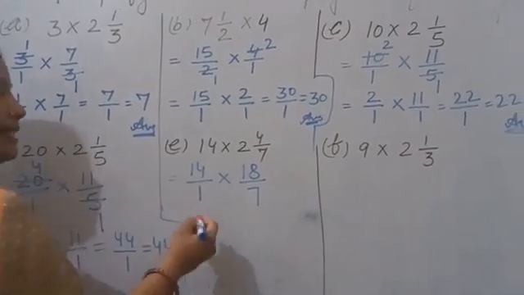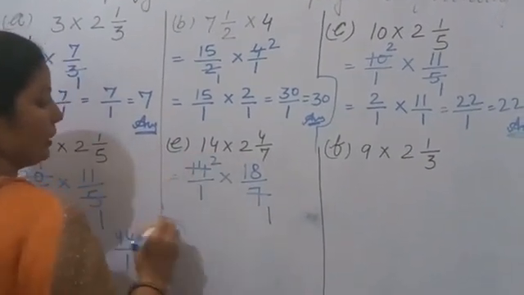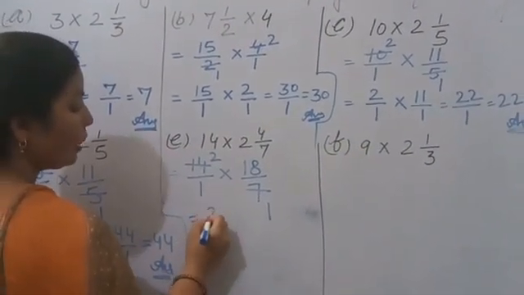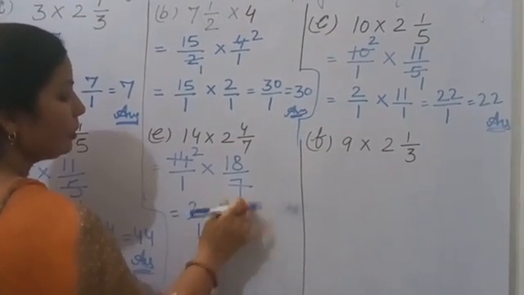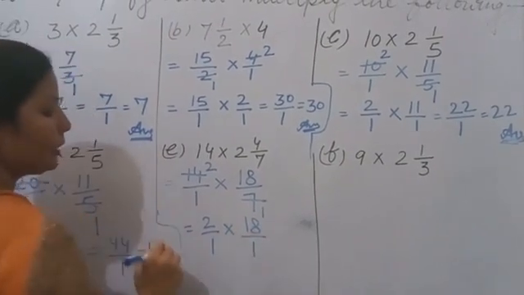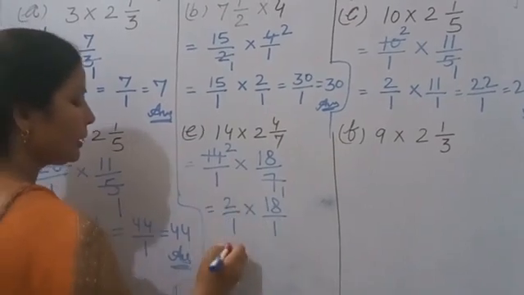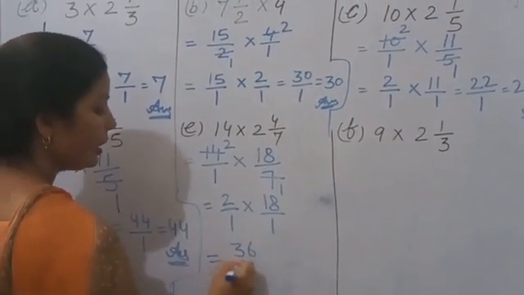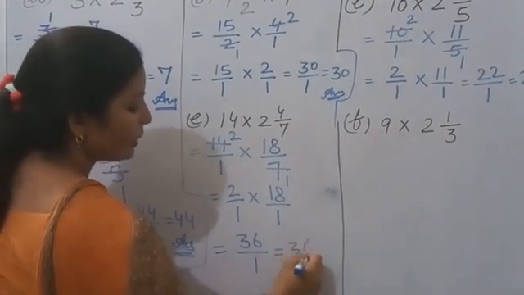So we should cancel by 7. 7 ones are 7, 7 twos are 14. Now here is 2 upon 1 multiply by 18 upon 1. Now numerator multiply by numerator. So 18 twos are 36 and 1 ones are 1. So 36 upon 1 means 36.